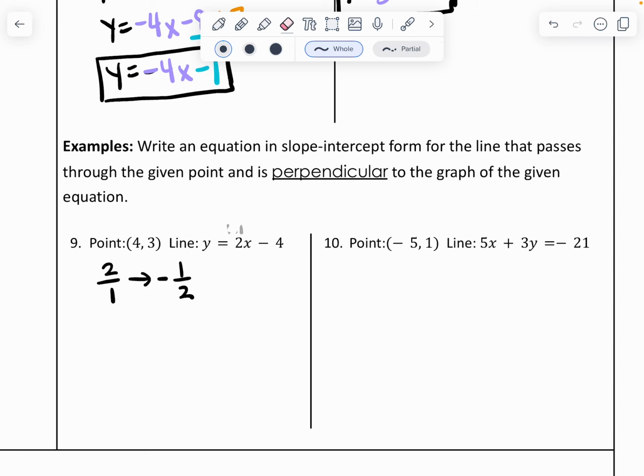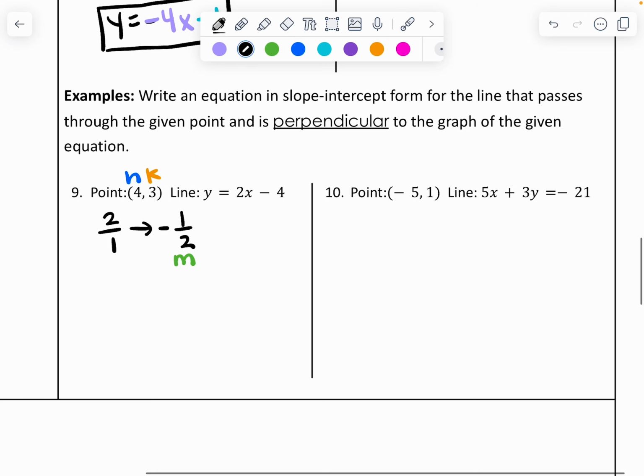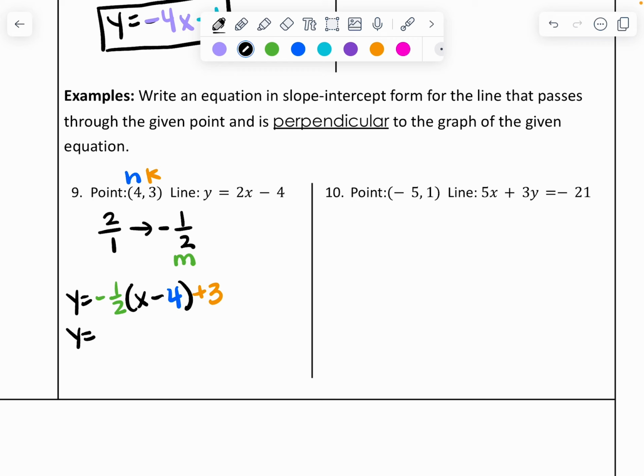So I'm going to erase this m. This is going to be m. And then we have h and k. Y equals negative 1 over 2 times x minus 4 plus 3. Distribute. Negative 1/2 times x is negative 1/2 x.